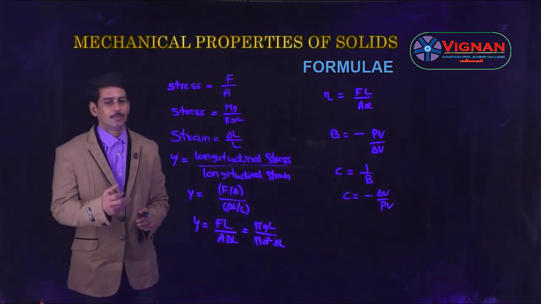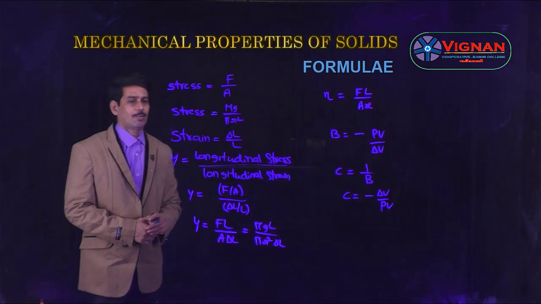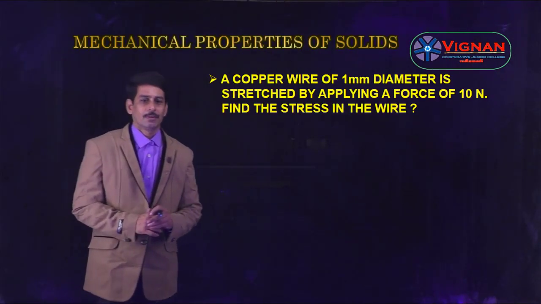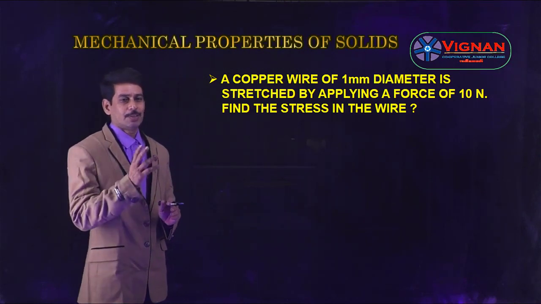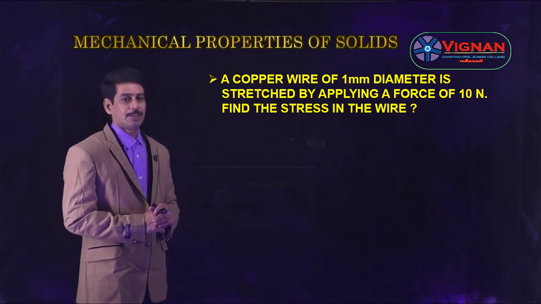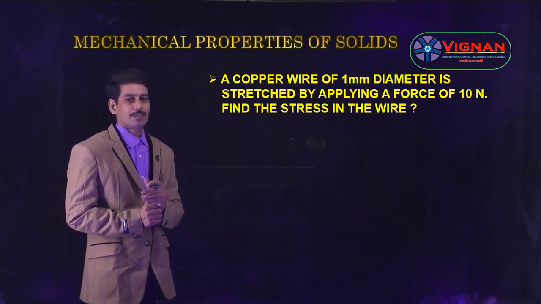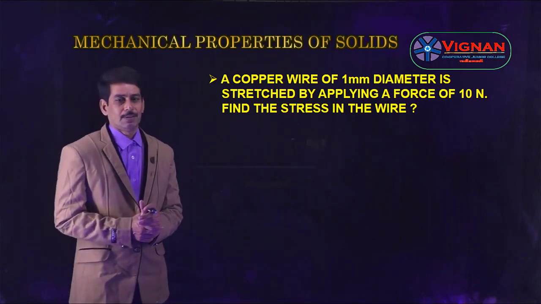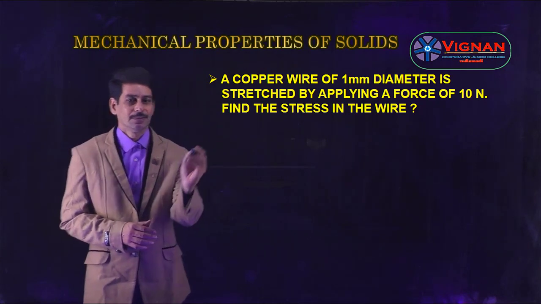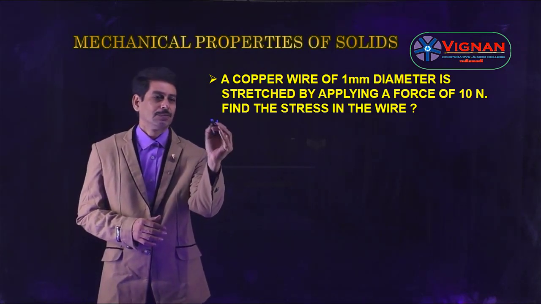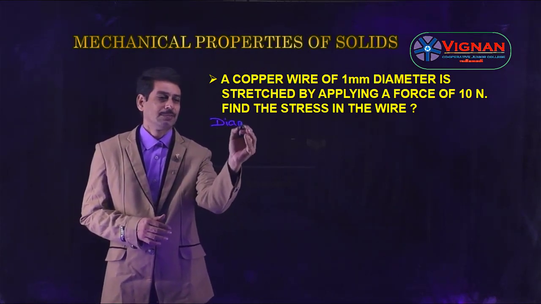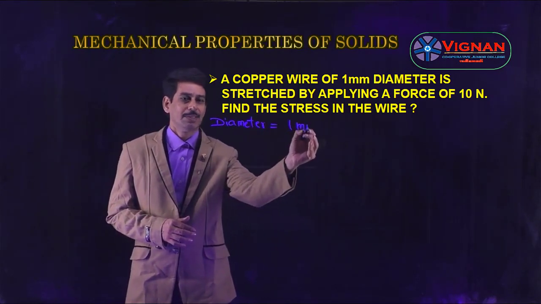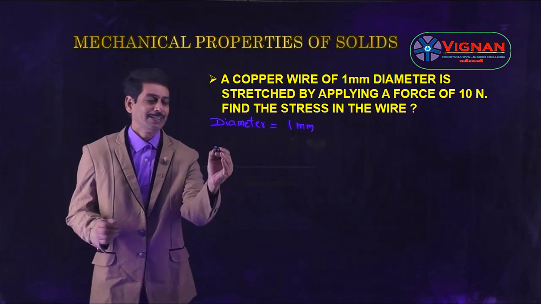Now we will see some problems depending on these formulas. See the first problem. A copper wire of 1 mm diameter is stretched by applying a force of 10 Newton. Find the stress in the wire. Here the diameter is given as 1 millimeter. From this you can find the radius.